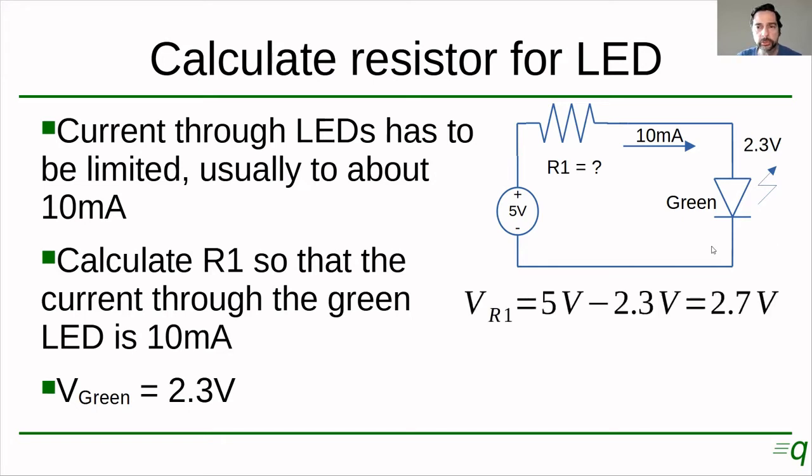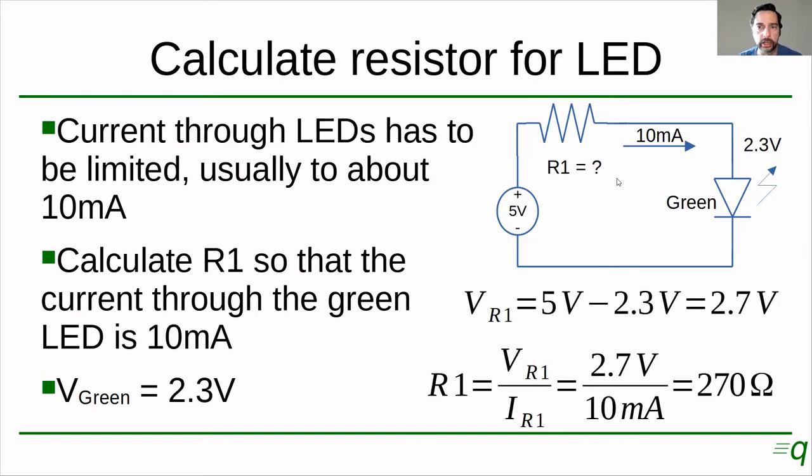So the first thing we do, we use KVL, or Kirchhoff's voltage law, to calculate the voltage drop on the resistor. If we have 5 volts here and we're losing 2.3 in the LED, we have to lose 2.7 on the resistor. And again, we can use Ohm's law to calculate the value of the resistor.